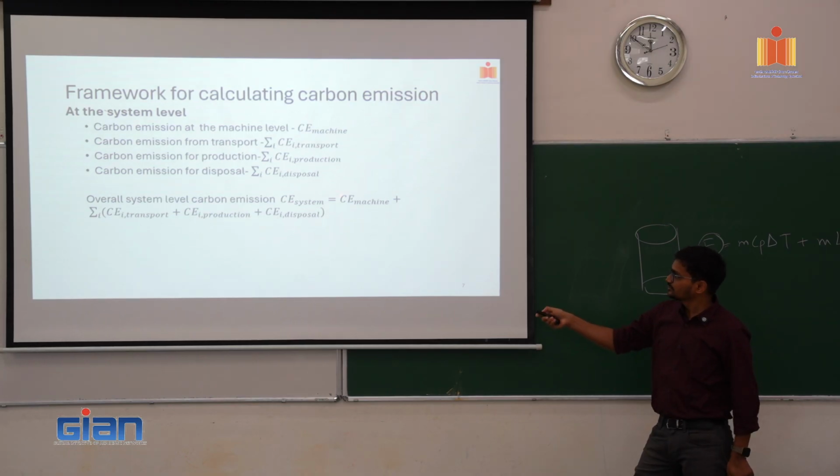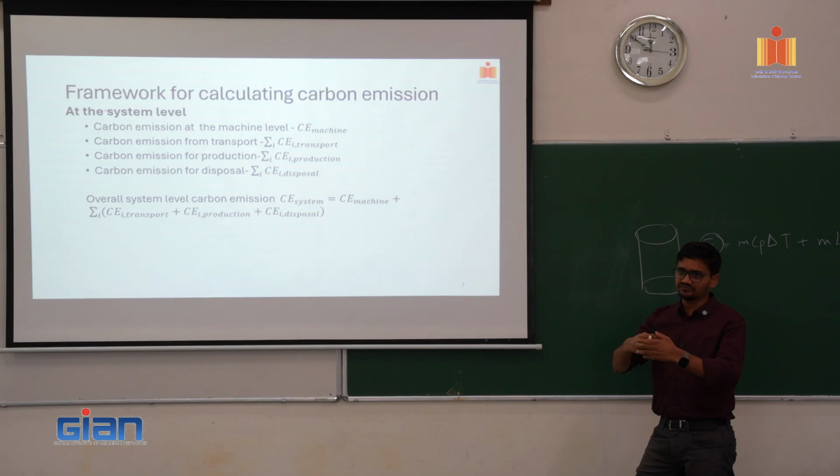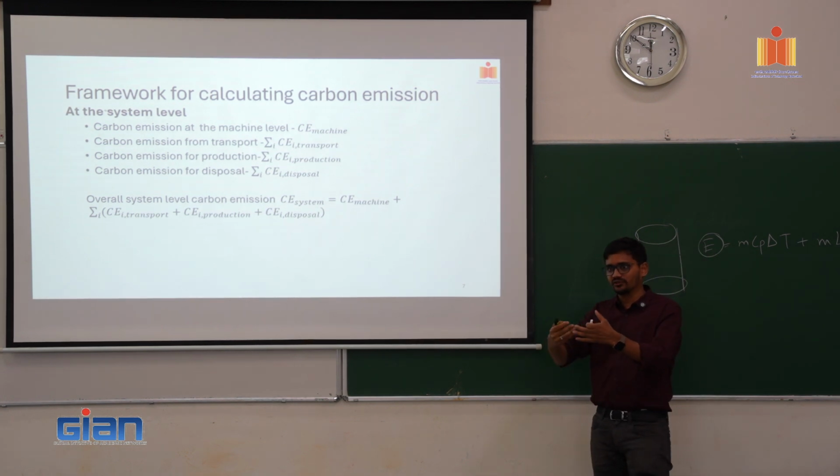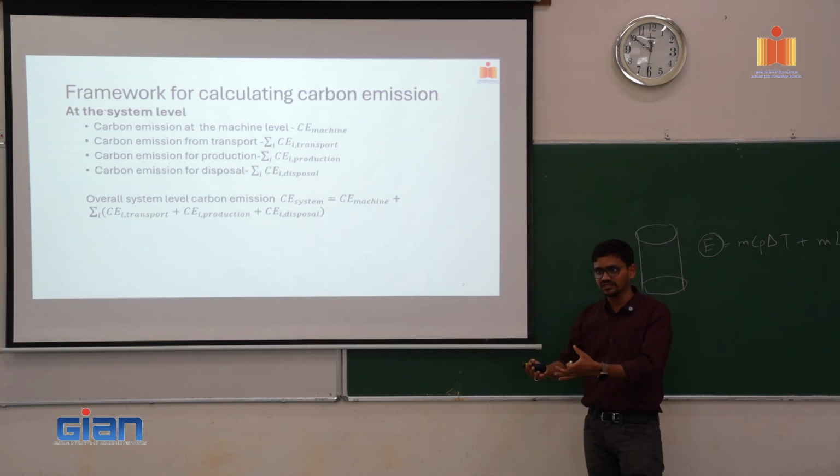But this will also have a very vital role to play if you are looking at the entire carbon footprint, starting from the cradle to the grave. Okay, you are now looking from cradle to the grave, not from cradle to the gate. Gate means when the product is out in the hands of the consumer, that is up to the gate.